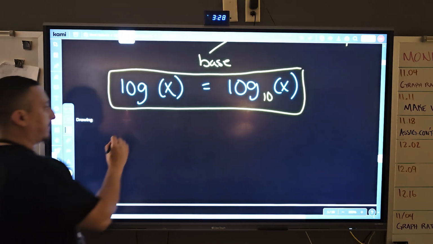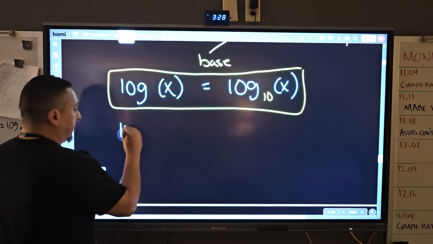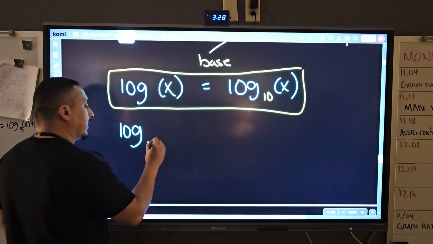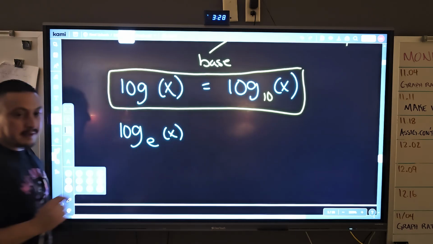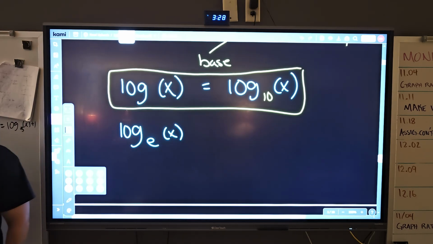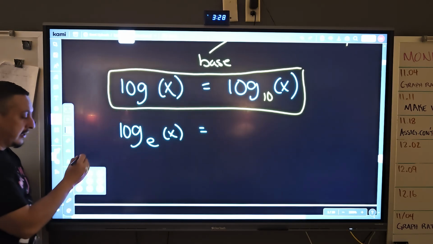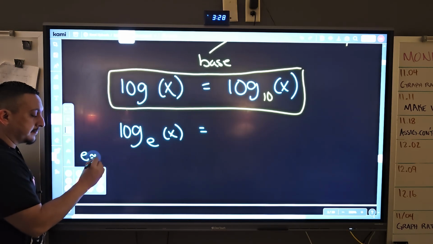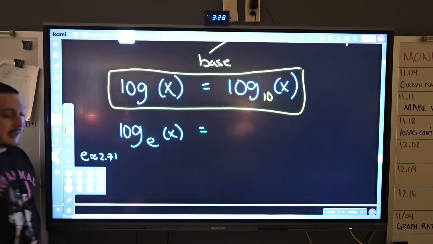There's another one. If you have the log base e of x. I feel like with logs, especially after Thanksgiving break, it's just a bunch of rules, just learning all the different rules. So you guys remember e is approximately what? 2.71. So just think of that.